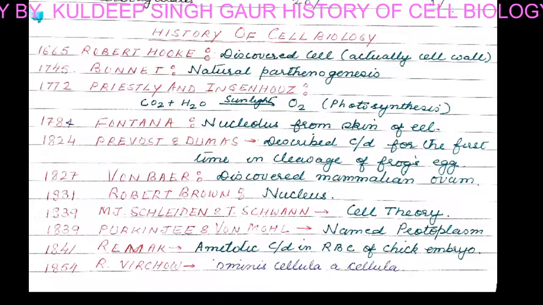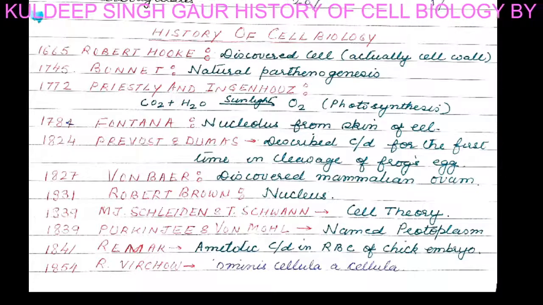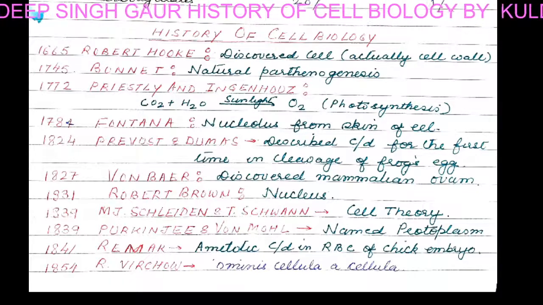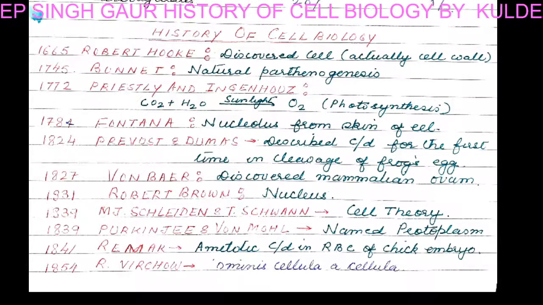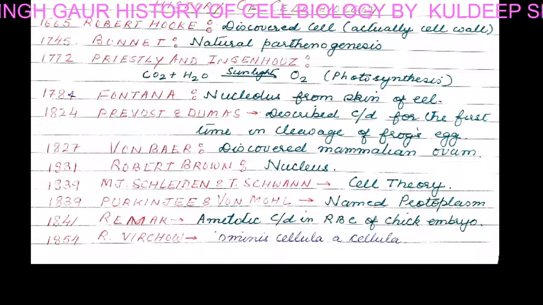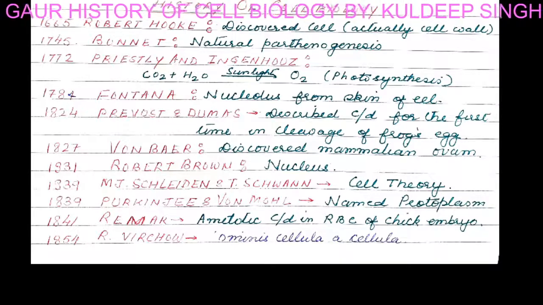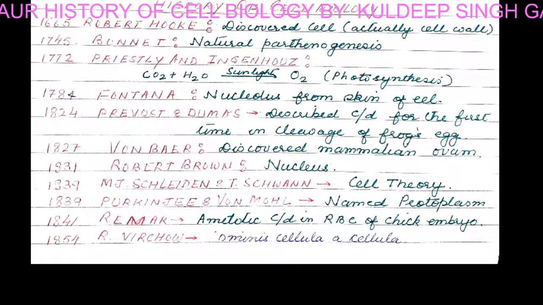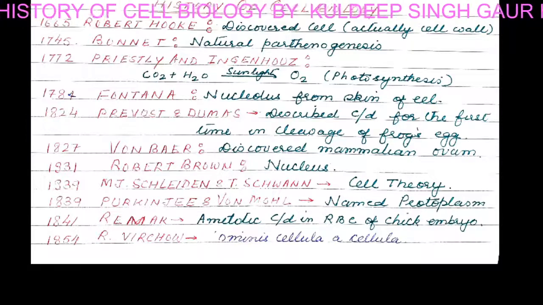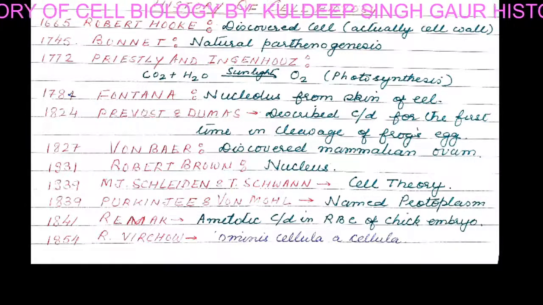In 1772, Priestley and Ingenhousz said that carbon dioxide along with water in presence of sunlight produces oxygen, and this phenomenon takes place in plants during photosynthesis. 1784, Fontana discovered nucleus in the skin of eel, a fish.